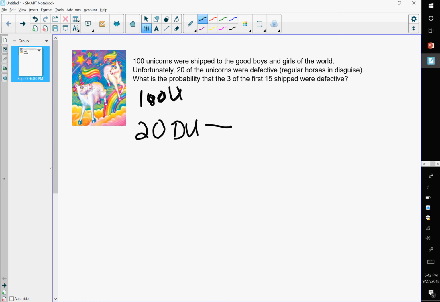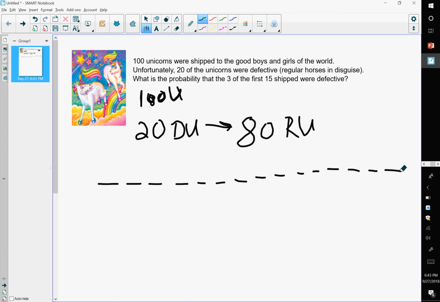Now this means that we have 80 that are regular unicorns. We also know that we're shipping off 15 unicorns. And of those, we want to know what's the probability that 3 of them are defective.